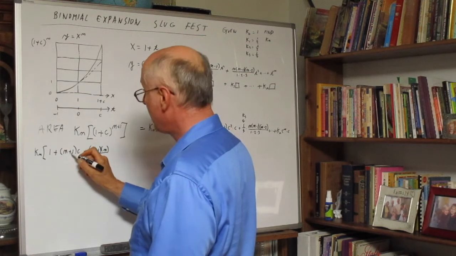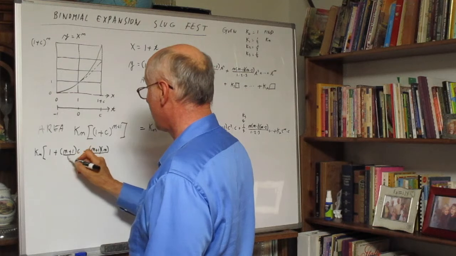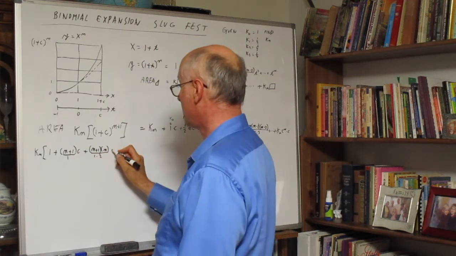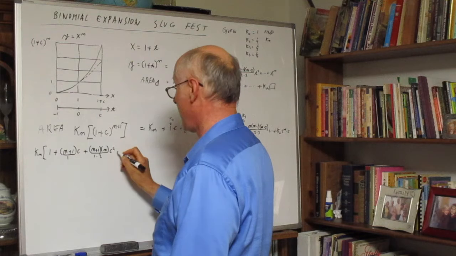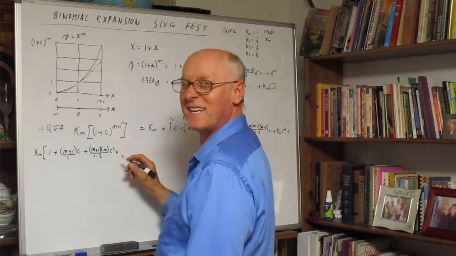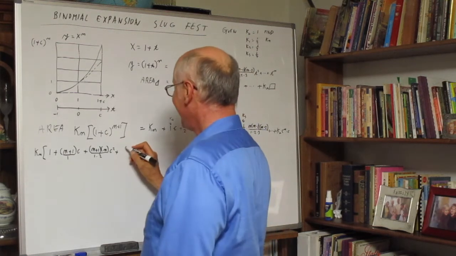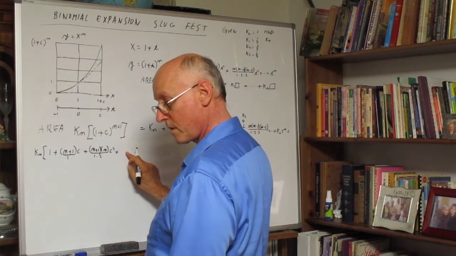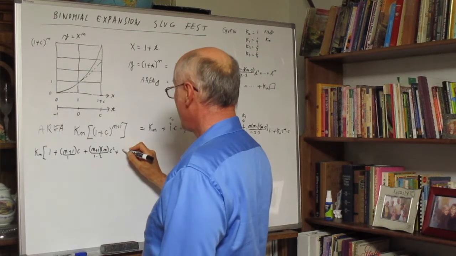This will be c over 1, right? 1 times 2, 2 factorial, and this will be c squared. Plus, keep going. How much do we need to go? We'll take it up one more time.